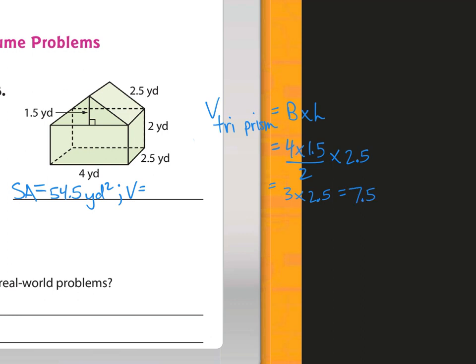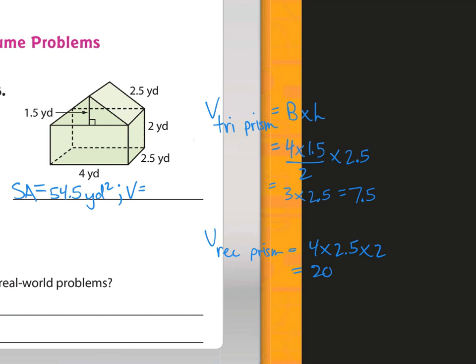So I'm going to save that. And I'm going to add to that the volume of the rectangular prism, which is the house part, right? It's the volume of this bottom part, which is really just 4 times 2.5 times 2. And that would be 8 times 2.5, which is 20.